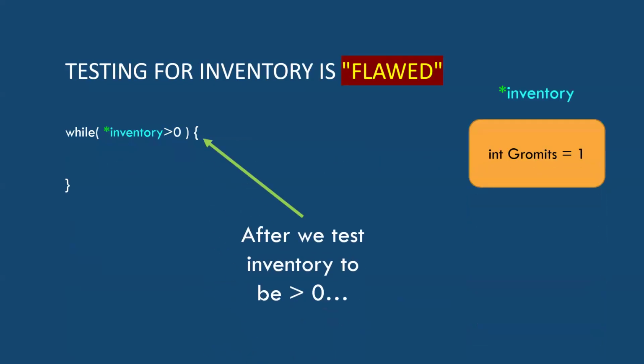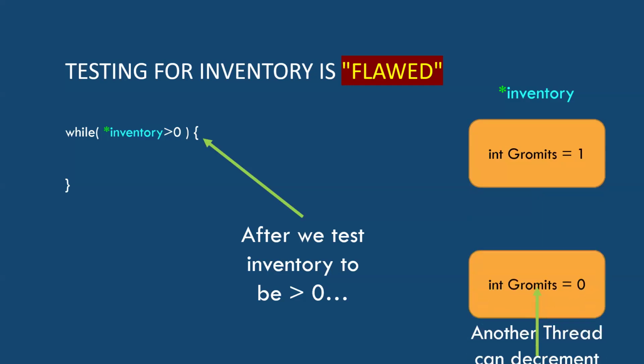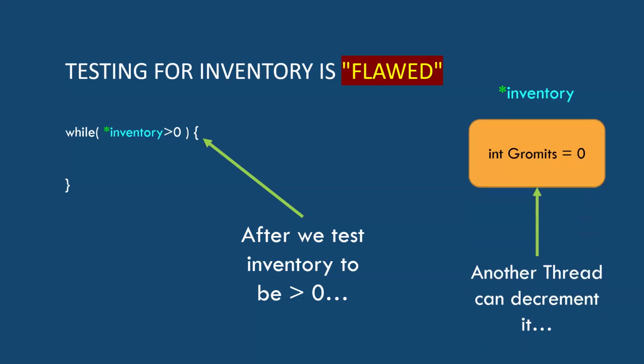There's a key moment here. When we find out that there's inventory in our logic check, there's a brief moment in time where another thread reaches in there in an out of sync, asynchronous way and takes that inventory from us. We don't know that, because we had just checked a moment ago.